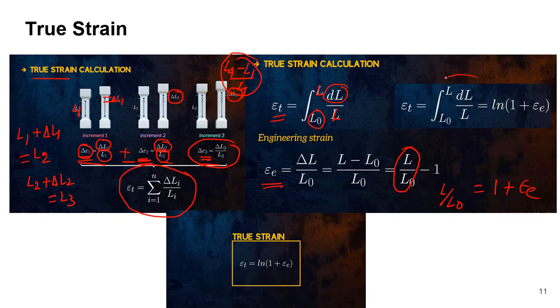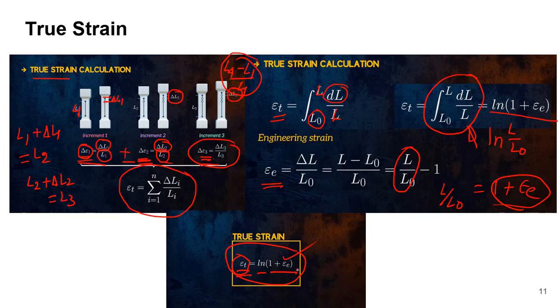So you know that the integration of this quantity is ln L by L0. Now just put the value of L by L0 as 1 plus epsilon E. So finally your expression is that true strain is equal to ln of 1 plus engineering strain. So if you know the engineering strain, you can find out the true strain.